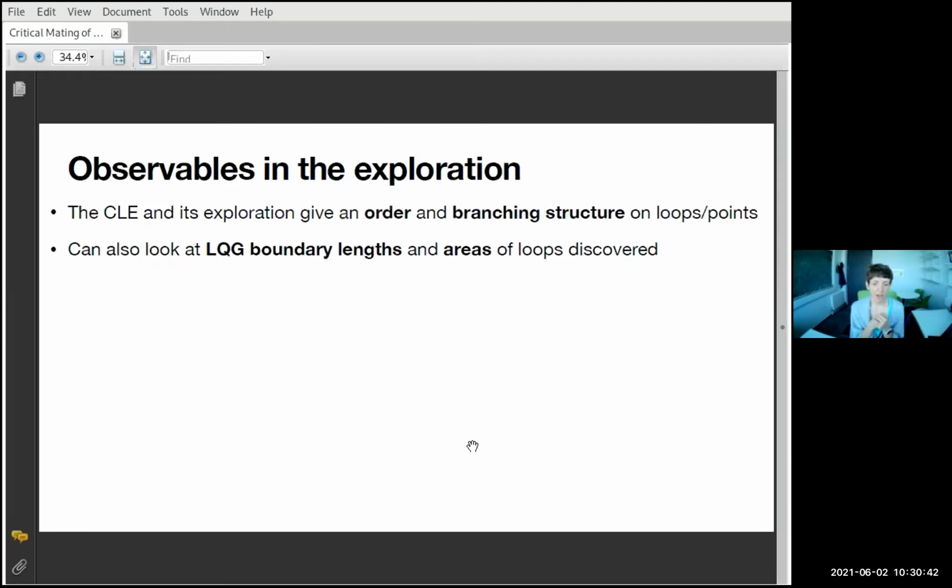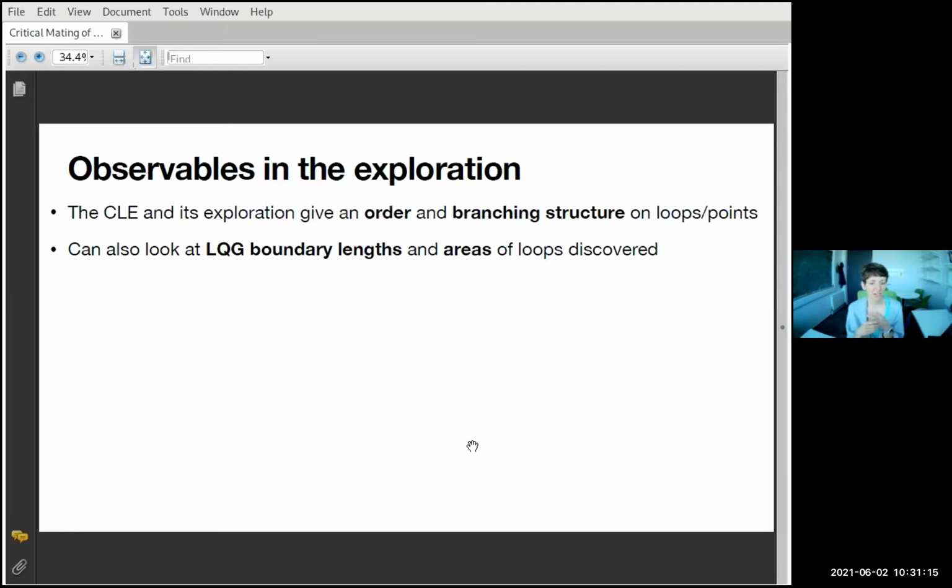Okay, but if I actually want to have a coupling with the Brownian half-plane excursion, I need something else. I need something to actually tell me what the x and the y coordinates in the half-plane excursion are doing. Okay, and this is where the Liouville quantum gravity measure comes into play. So remember, I have a CLE4 and I also have on the same unit disk an independent Gaussian free field variant, which gives me a way via Liouville quantum gravity measures to measure areas of regions and lengths of curves.